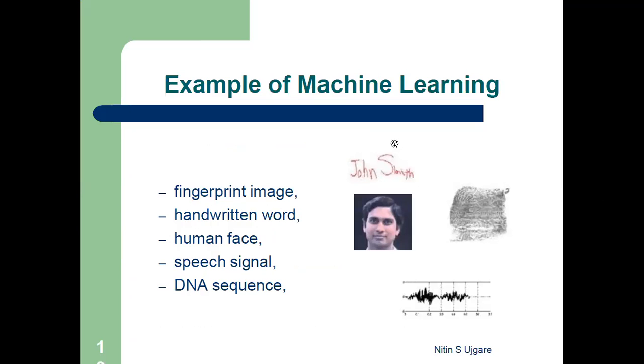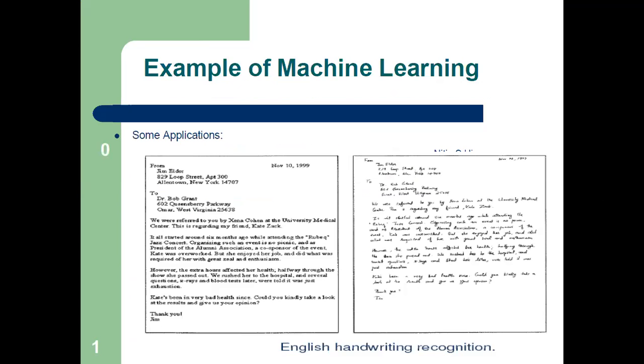This is handwritten characters, detecting a handwritten character, detecting a fingerprint, detecting the human face, recognizing speech signals, and so on and so forth. So these are some examples with respect to the first three applications.